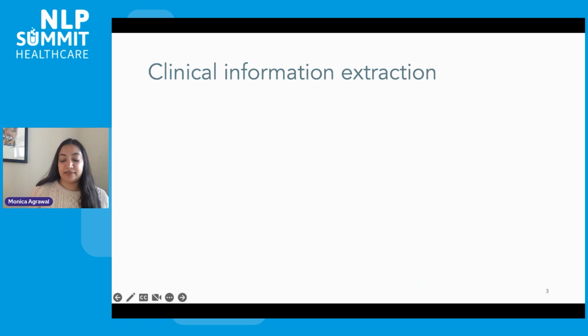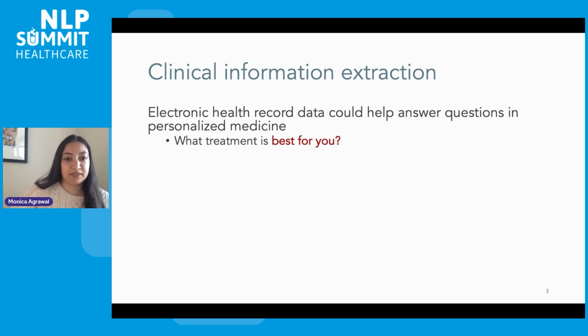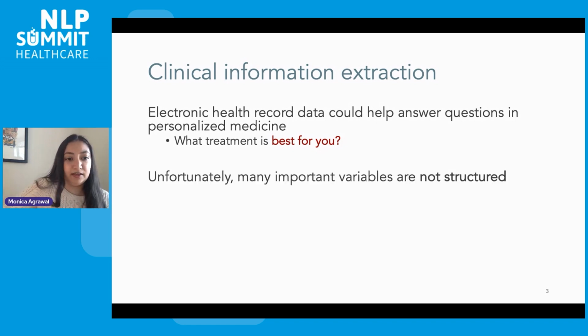So to start off with, I want to talk about why clinical information extraction is so important. The data in electronic health records can help us answer questions in personalized medicine that clinical trials can't, like what treatment is best for you, a specific patient with specific comorbidities and past history.